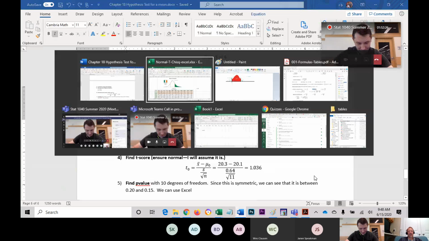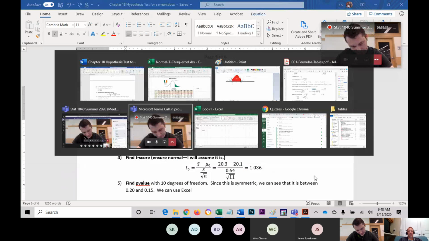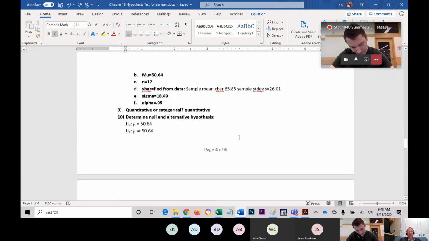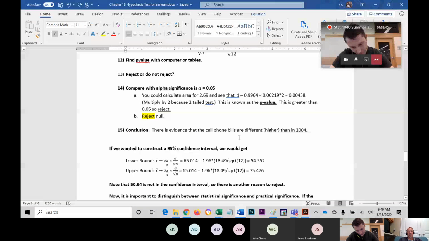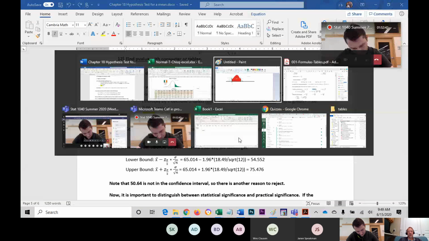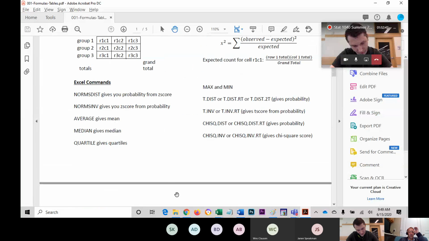Okay? I have to look at my quiz to make sure I didn't ask you to find the exact p-value. So just for fun, on your formula sheet, at the very bottom, these are the formulas you can use. You can do a T.DIST. T.DIST gives you left tail. T.DIST.RT is right tail.